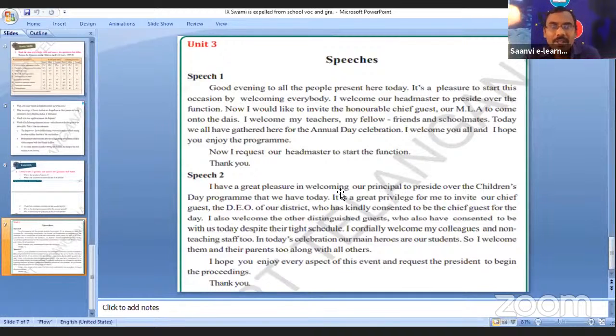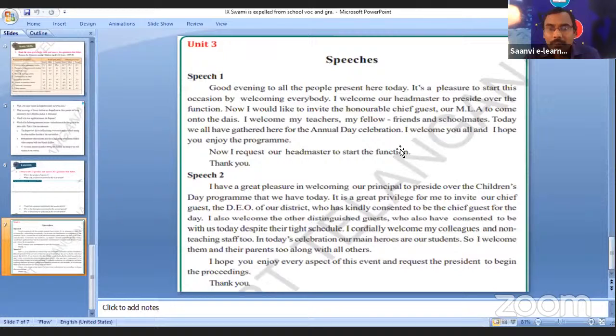Speech 2. I have a great pleasure in welcoming our principal to preside over the Children's Day program that we have today. It's a great privilege for me to invite our chief guest, the DEO of our district, who has kindly consented to be the chief guest for the day. I also welcome the other distinguished guests who also have consented to be with us today despite their tight schedule.